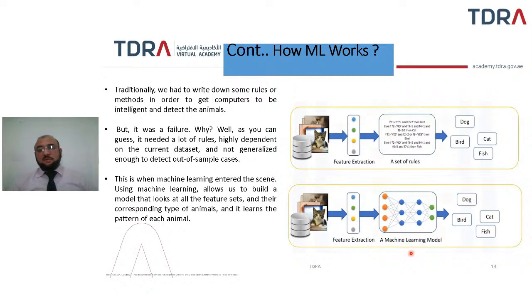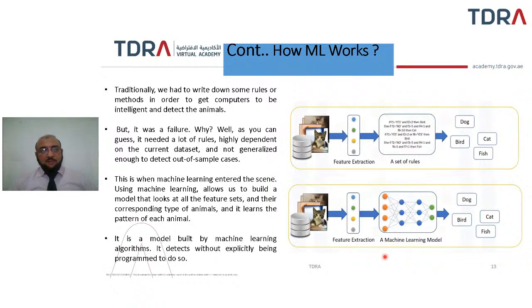The machine learning model will extract the features of all the previously fed pictures and then predict whether the fed picture is of a dog, bird, cat, or fish. It is a model built by machine learning algorithms, and it detects without being explicitly programmed to do so.